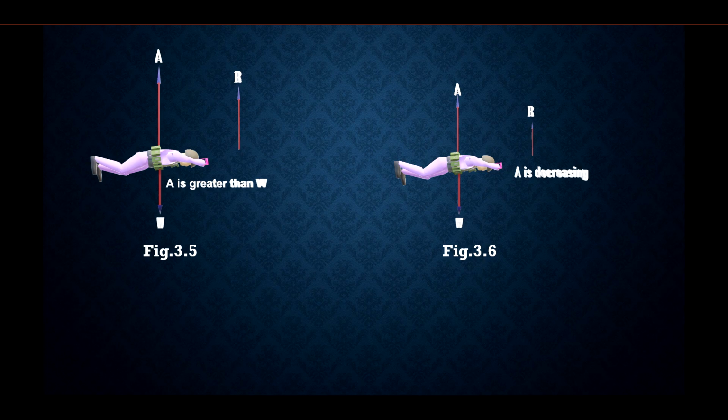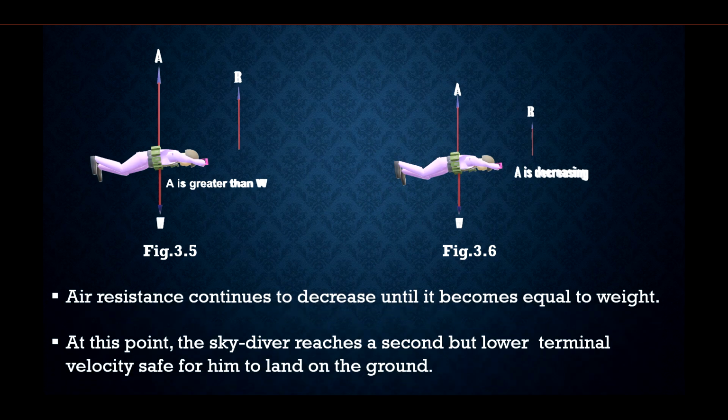I wish to emphasize that when the parachute is opened, the net force R acts like some sort of braking force. It acts as such because it is acting opposite to the direction of motion of the skydiver. Air resistance continues to decrease due to decrease in speed of the skydiver. Decrease in air resistance leads to decrease in the net force R.